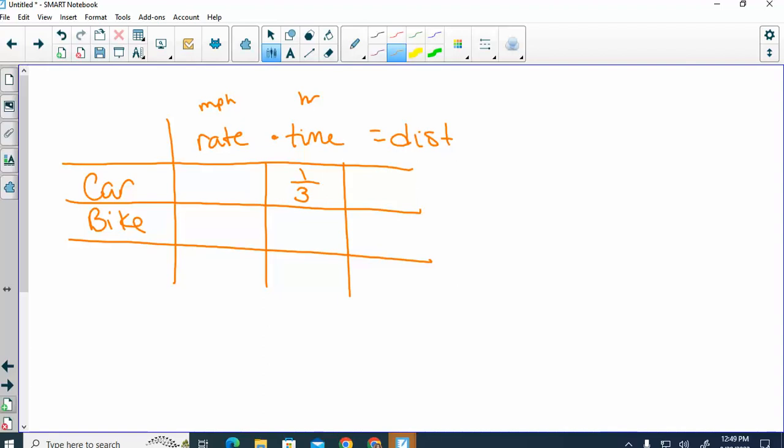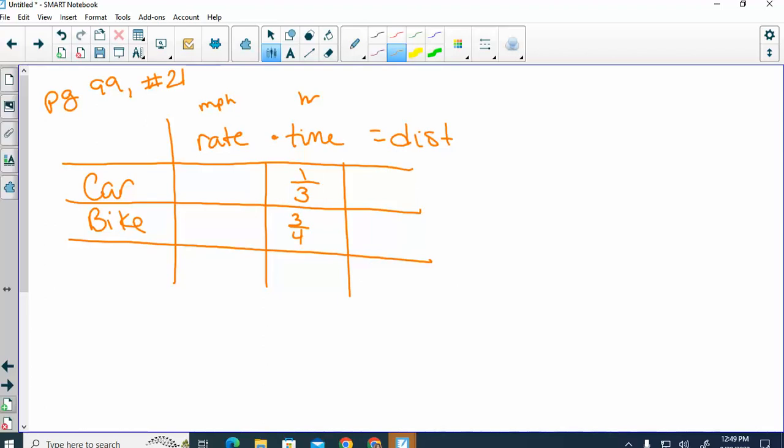Sorry, this is page 99, number 21, if you want to look. So riding the bike is 45 minutes. So what would that be in hours? 3/4. 45 over 60.